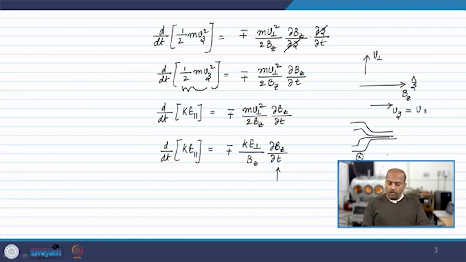Or if the particle is traveling from this point to this point, it is covering a distance of let's say z. As the particle is traveling, the gradient that the particle is experiencing as it travels is represented in the units of time. So the passage of time brings along the change in the magnetic field.